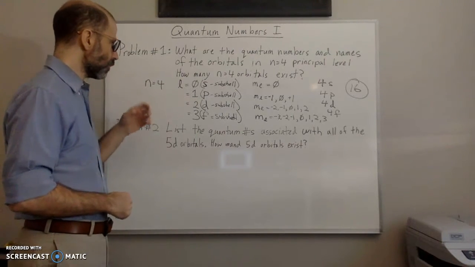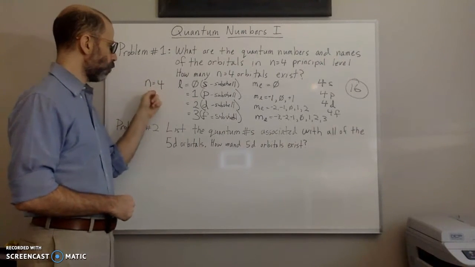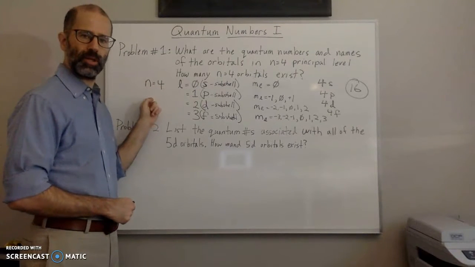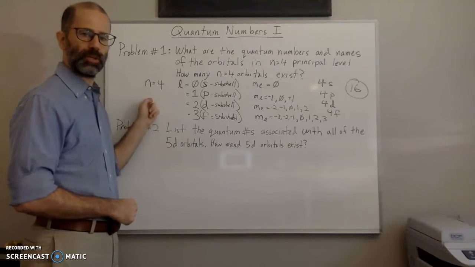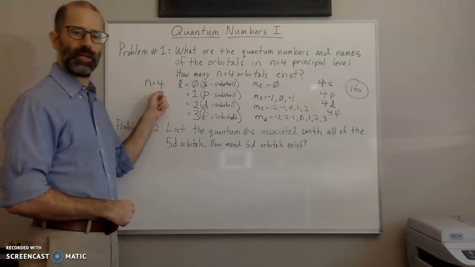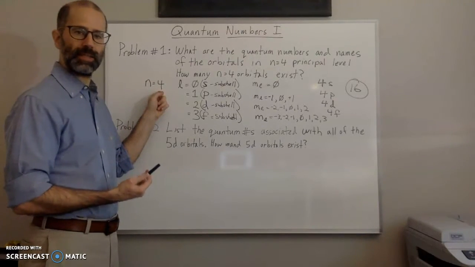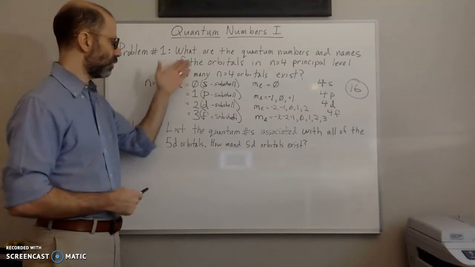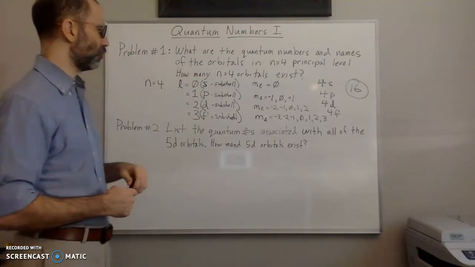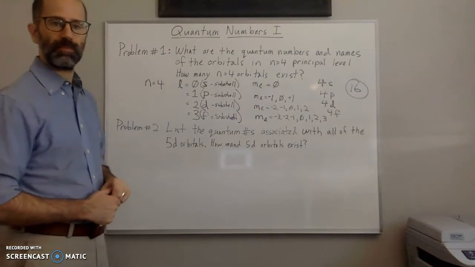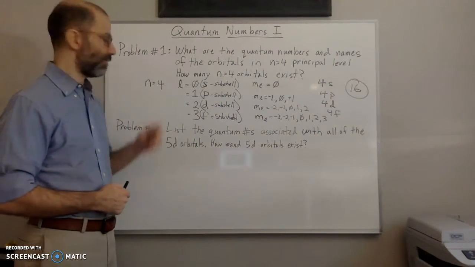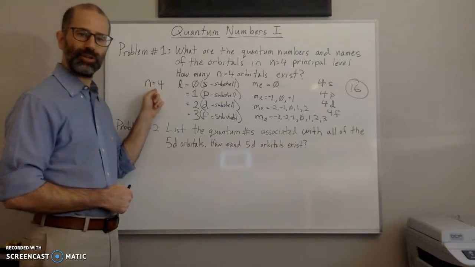So if you know what n equals 4, what the n principal quantum number is, the principal energy level, then you can figure out at least how many of each of these types you're going to have, and you can also figure out the total number of orbitals you'll have at this principal energy level.